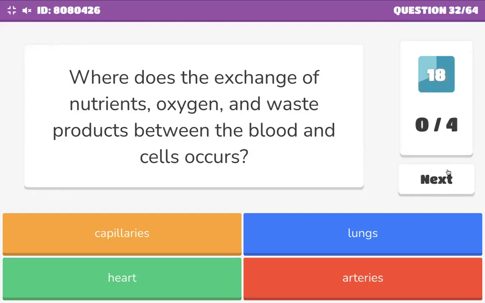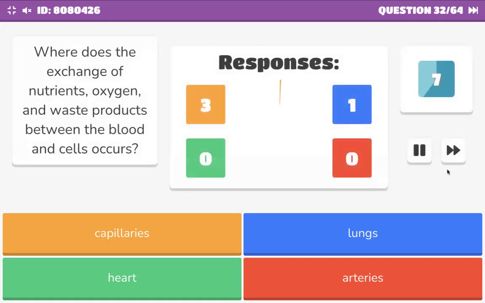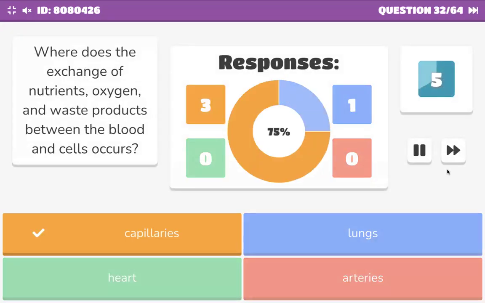Where does the exchange of nutrients, oxygen, and waste products between the blood and the cell occur? The capillaries.